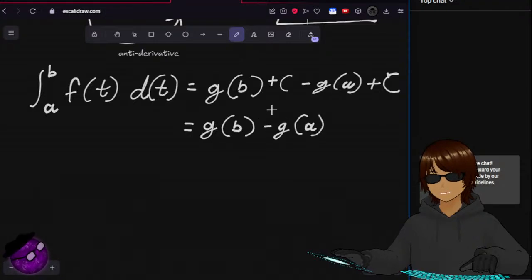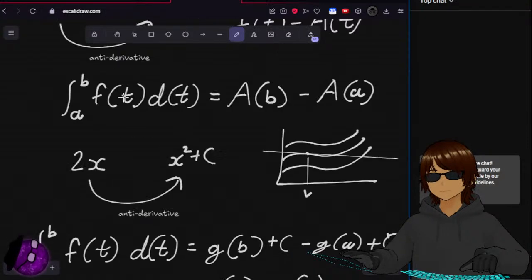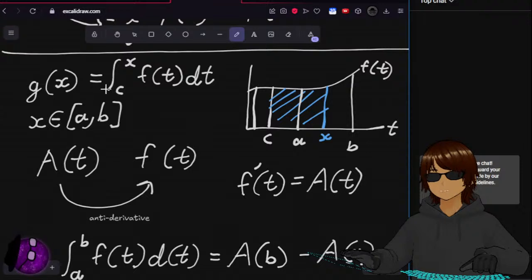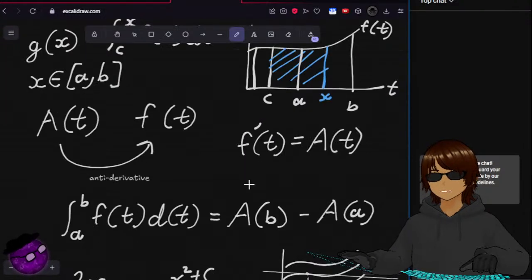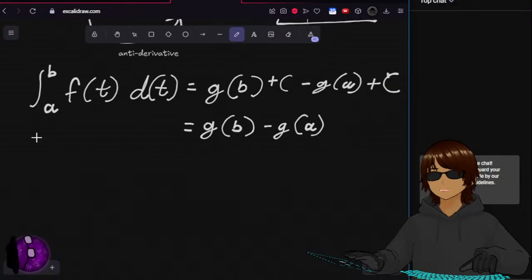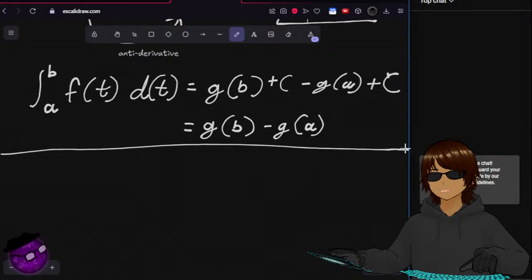And that gives us this, which we know is the area between a and b. So we don't need this lower bound. Simply taking the antiderivative would work. And that is the second fundamental theorem of calculus.